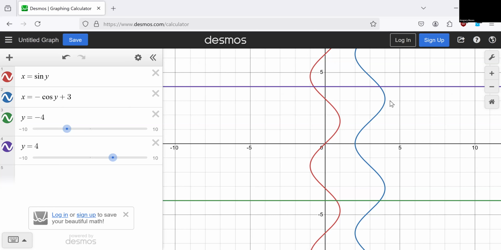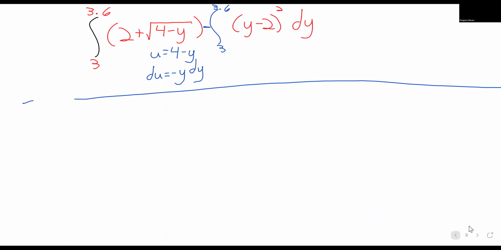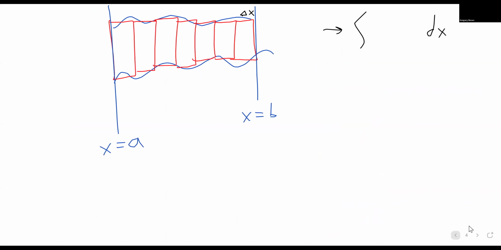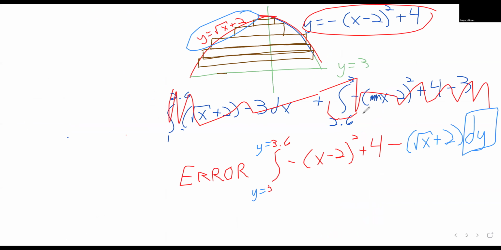And here, horizontal rectangles would be mandatory. So I'm expressing a little ambiguity about whether this particular example is easier than vertical rectangles, but you don't always have a choice. And that's why we have to learn this material, because it's not just convenient, it's sometimes necessary.